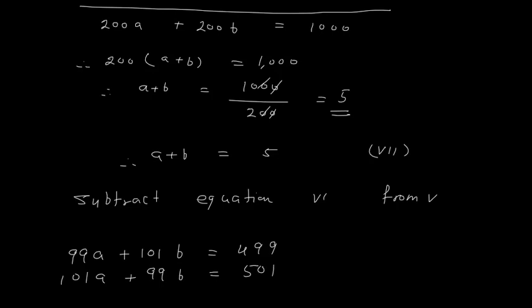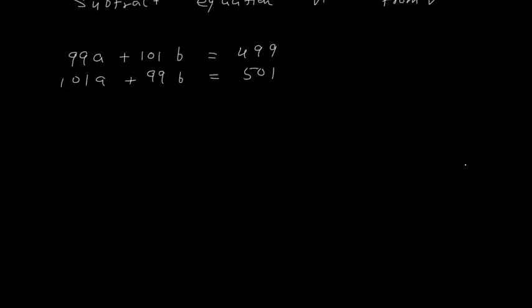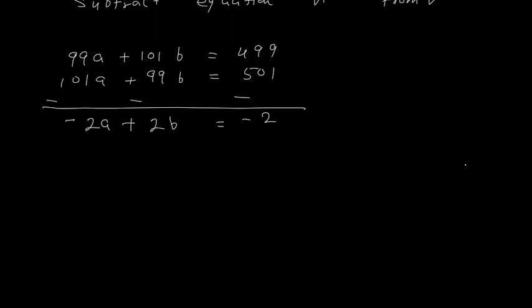Now I will subtract, so I will change the sign. So this is minus 2a and this is plus 2b is equal to, here it is minus 2. So let us take minus 2 common. So here a minus b is equal to minus 2. Therefore the value of a minus b is equal to 1. This is our 8th equation.